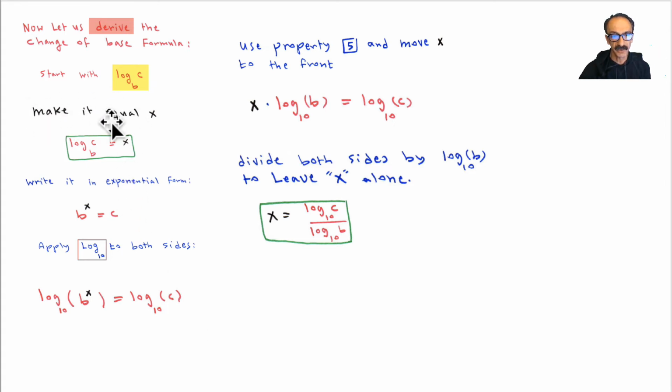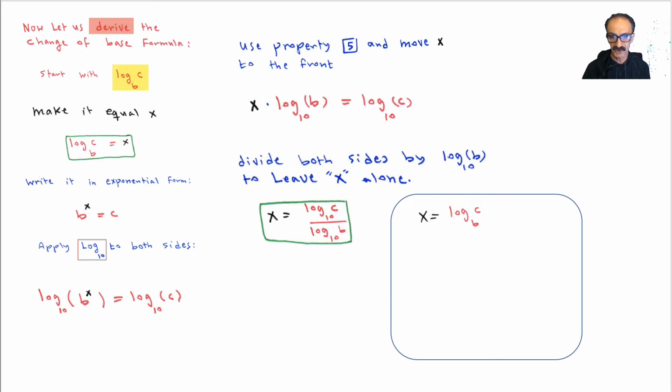We said earlier, let's call it x, so log c base b equals x, and we ended up with x equals log c over log b, so they are equal, and that is the proof. So here's in short as a summary: x equals log c base b, also x equals log c over log b, or in short we call it log c over log b without saying base 10.